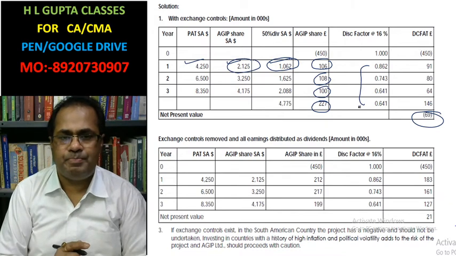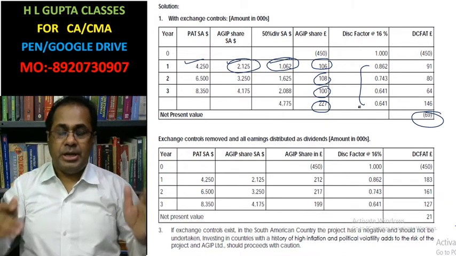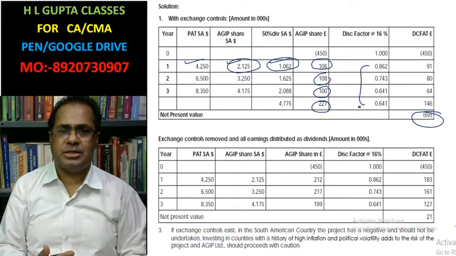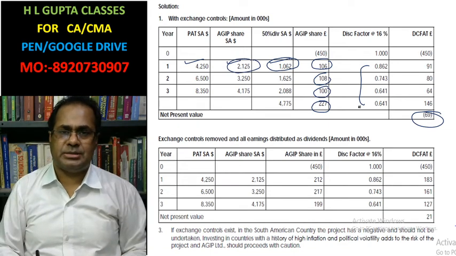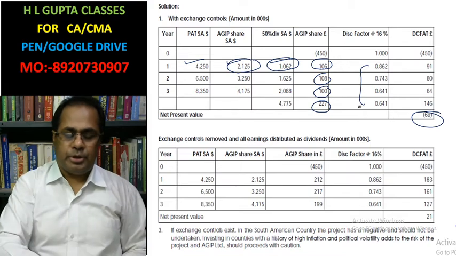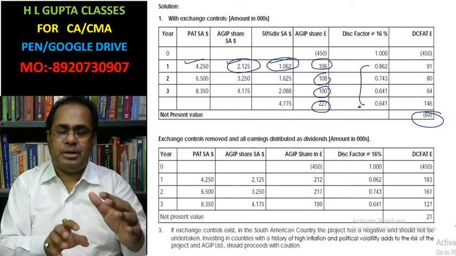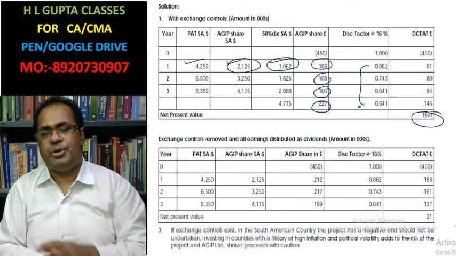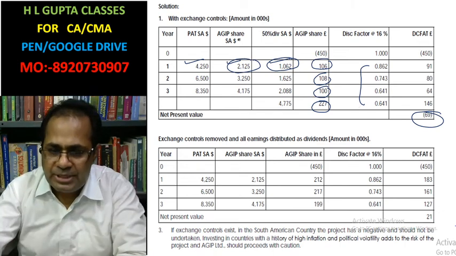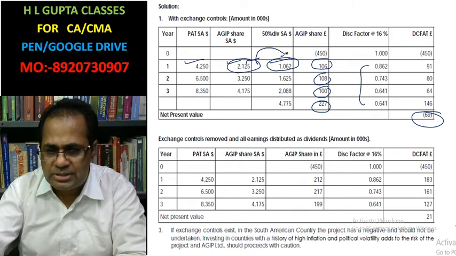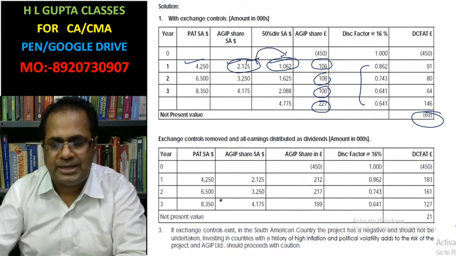Do you understand, beta? Okay. Similarly, in the second case, the second assumption, there is no control on exchange. You will bring your share at the same time in UK pounds. It means half of this is done due to exchange control, that is not done in this case.